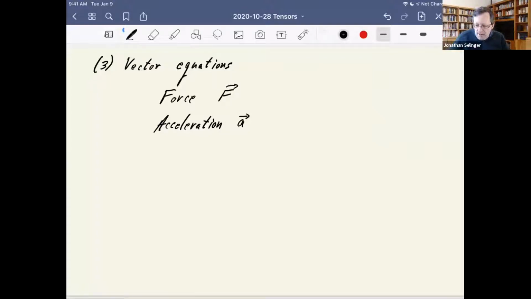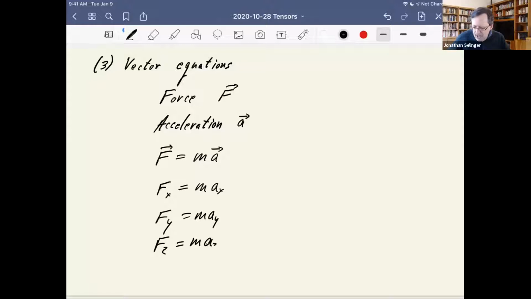Then they both want to check and see, does Newton's second law work? Newton's second law says F equals ma. So this is a vector equation. That means for the coordinate system of one of them, Fx is max and Fy is may and Fz is maz.